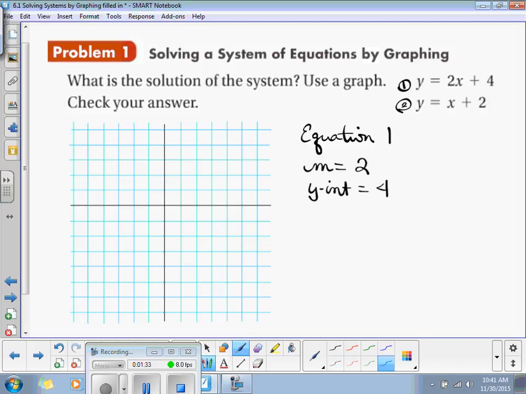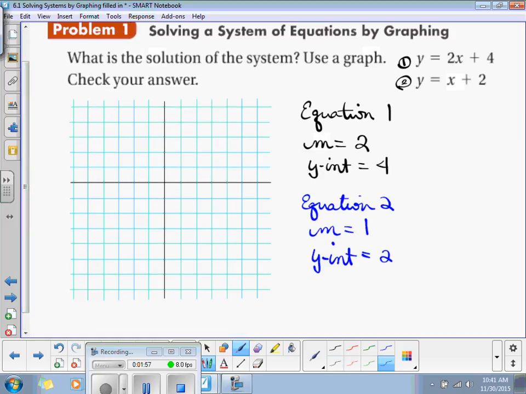For equation 2, our slope is equal to 1, and our y-intercept is equal to 2. Now, you're going to use that information to graph your equations.